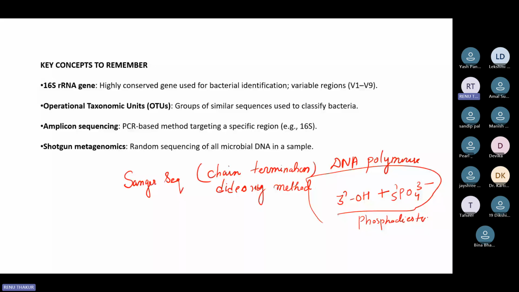So if this 3' OH is not available, then this DNA polymerase will no longer be able to extend that growing chain, and then the DNA replication will be terminated. So this method is known as chain termination. Whenever the growing chain incorporates a dideoxynucleotide, the DNA polymerase will no longer be able to synthesize that chain, and accordingly some stretches will be there.